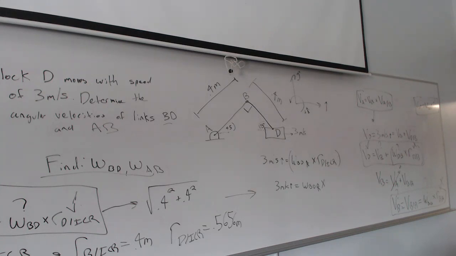So D with respect to the ICR, how I like to remember it is, when I hear A with respect to B, it's to A from B. Any questions there? Because these directions are important. So to D from the ICR.